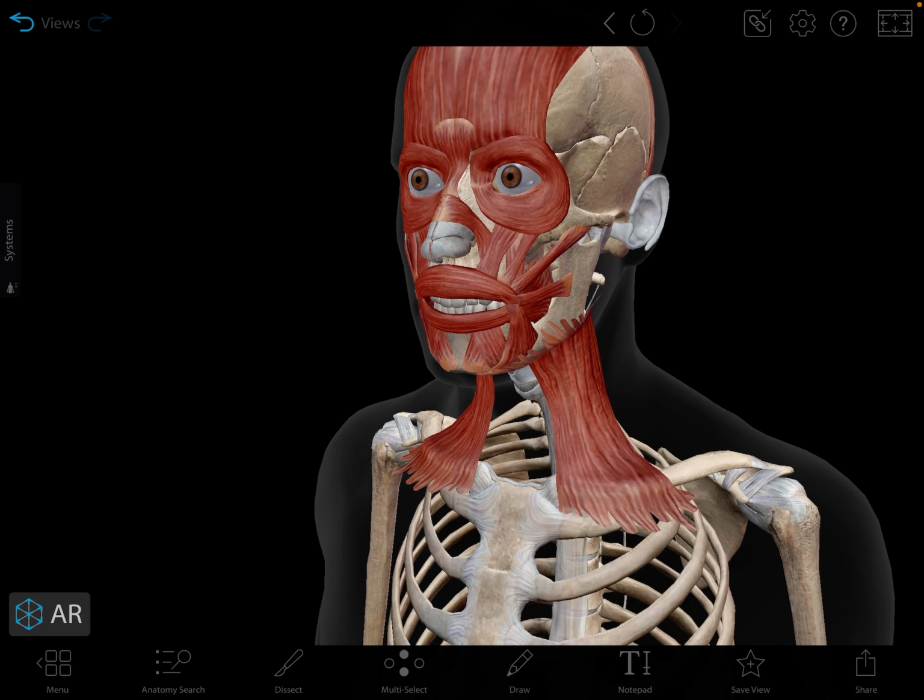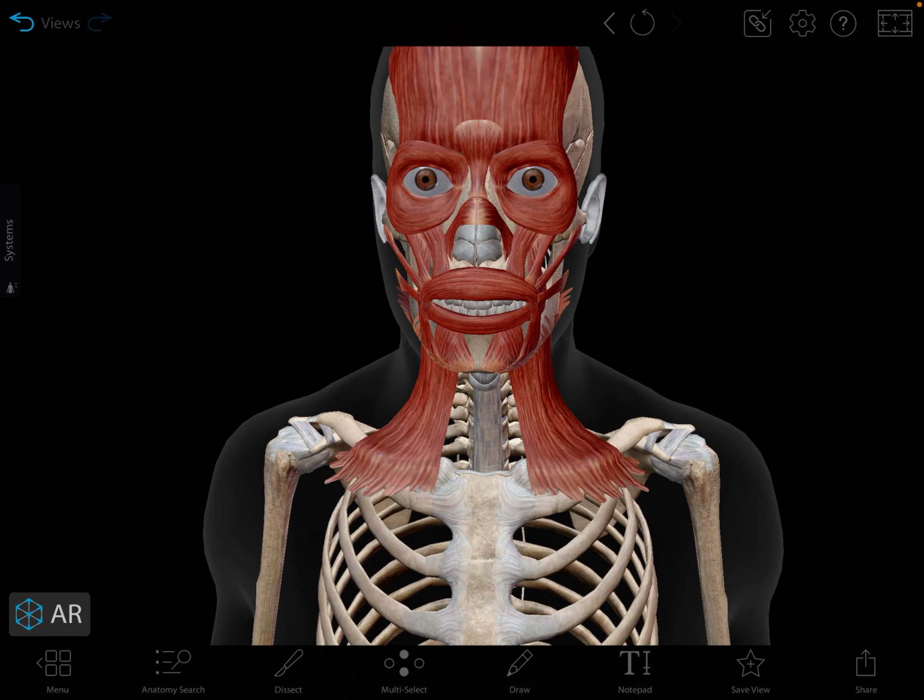Okay, so these are all of our muscles of facial expression. Again, when you think of smiling, grimacing, frowning, whistling, any of these movements that we're doing with our eyes, face, mouth, chin, cheek, forehead, eyebrows, we generally have several muscles acting at once.